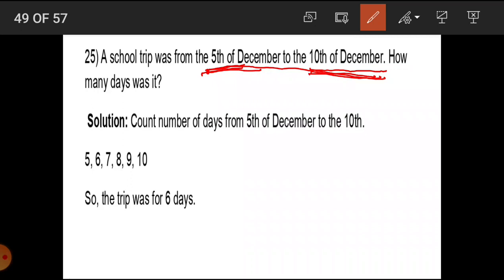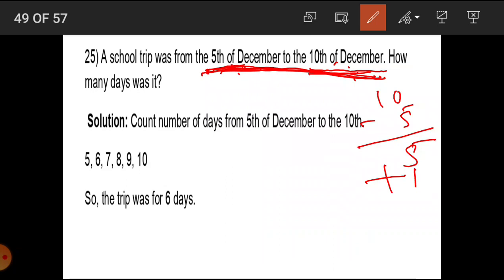But if you say 10 minus 5, it means 1 day is less. So whenever you do subtraction of days, you have to add one number. Because 5th and 10th both are included.